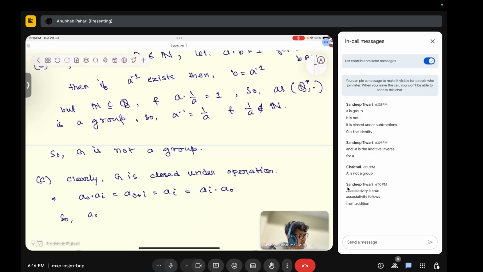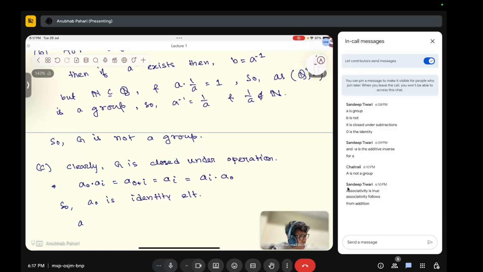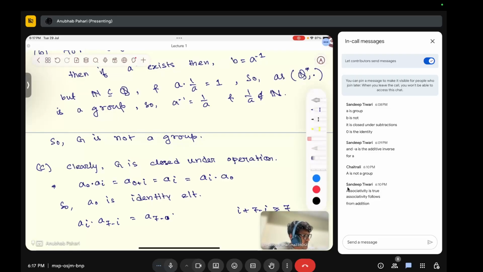So A0 is the identity element, and for any AI, the inverse should be A7 minus I, and as I plus 7 minus I is greater than 7, we write it as A7 minus 7, so A0.